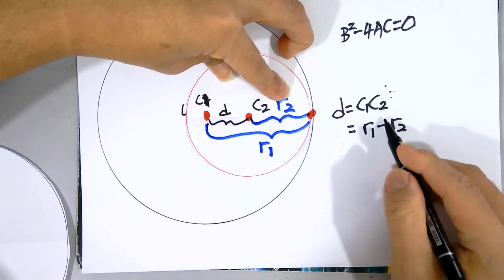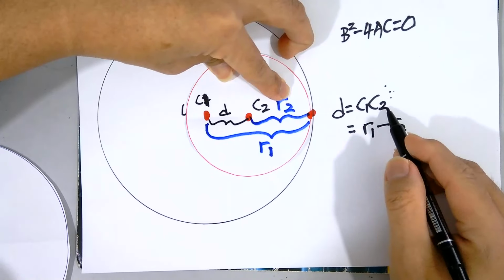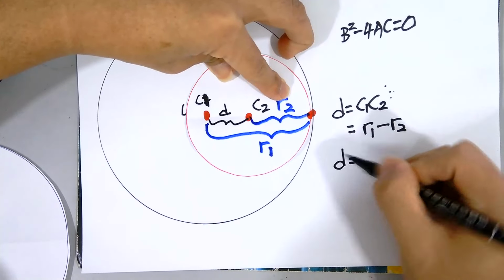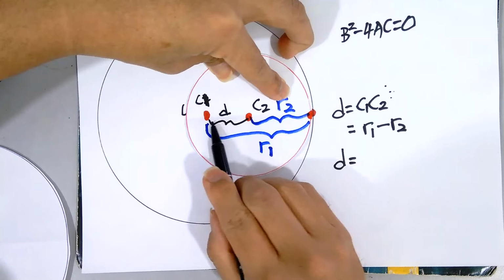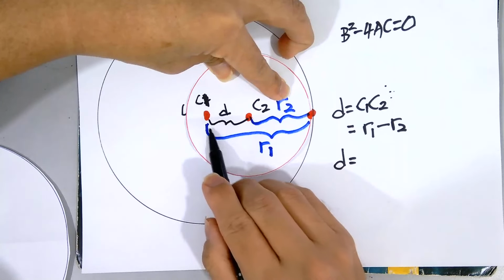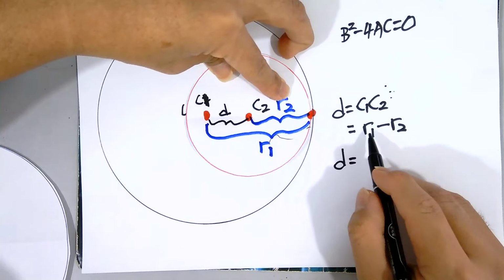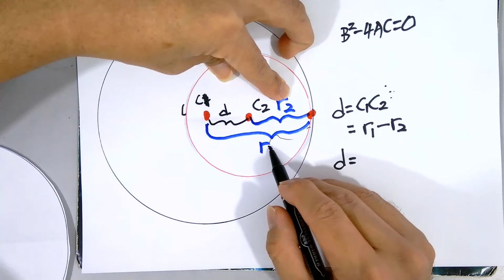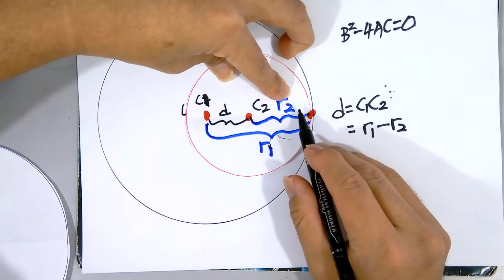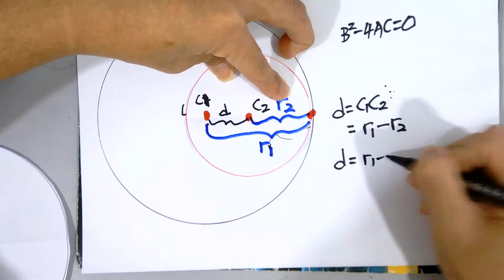So the distance between the two centers is the radius of the first circle minus the radius of the second circle.